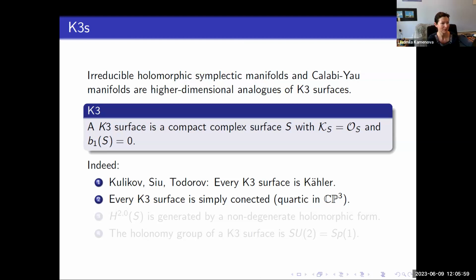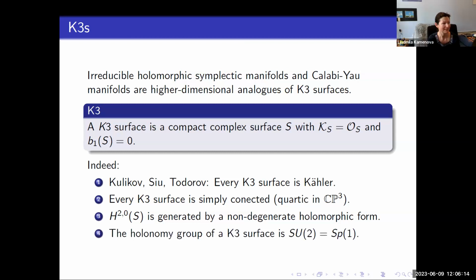Another thing you can do is compute the Hodge diamonds and see that H^(2,0) is generated by a non-degenerate holomorphic 2-0 form. And the holonomy group of a K3 surface is SU(2), which corresponds to the Calabi-Yau case. And it's also the compact symplectic group Sp(1), which corresponds to the hyperkähler case.